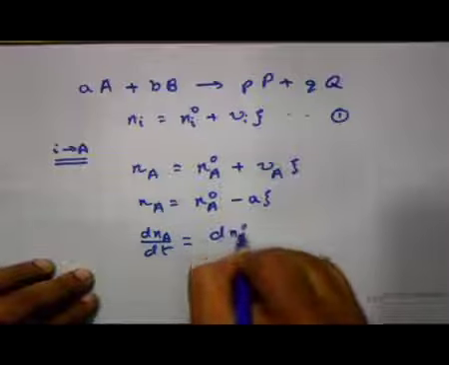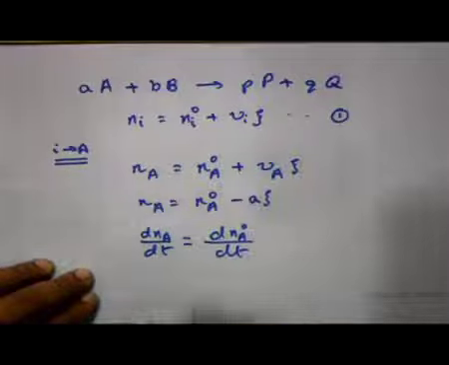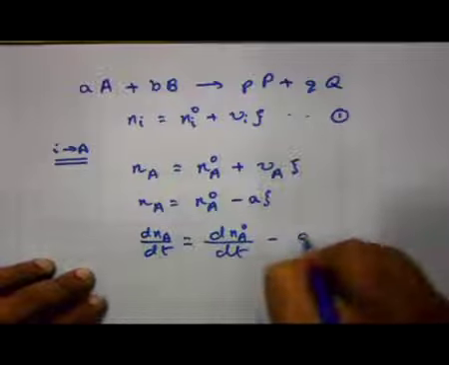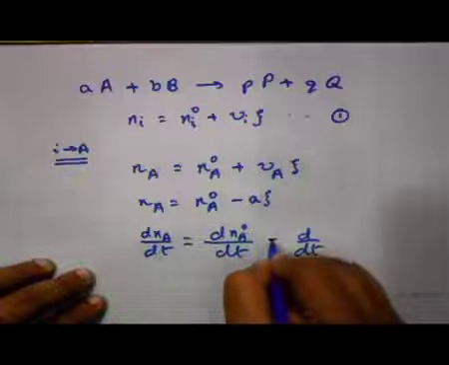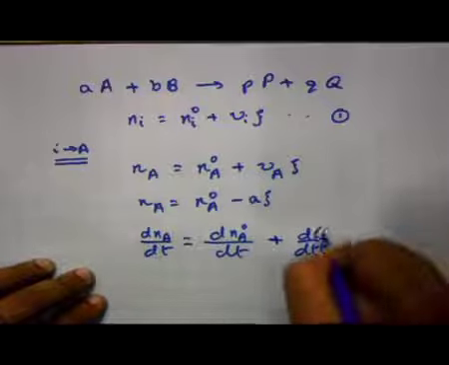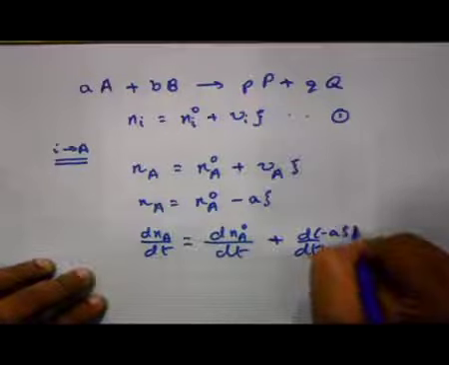N A over d of t minus d t, right, or I can write it plus right now, then minus A xi.